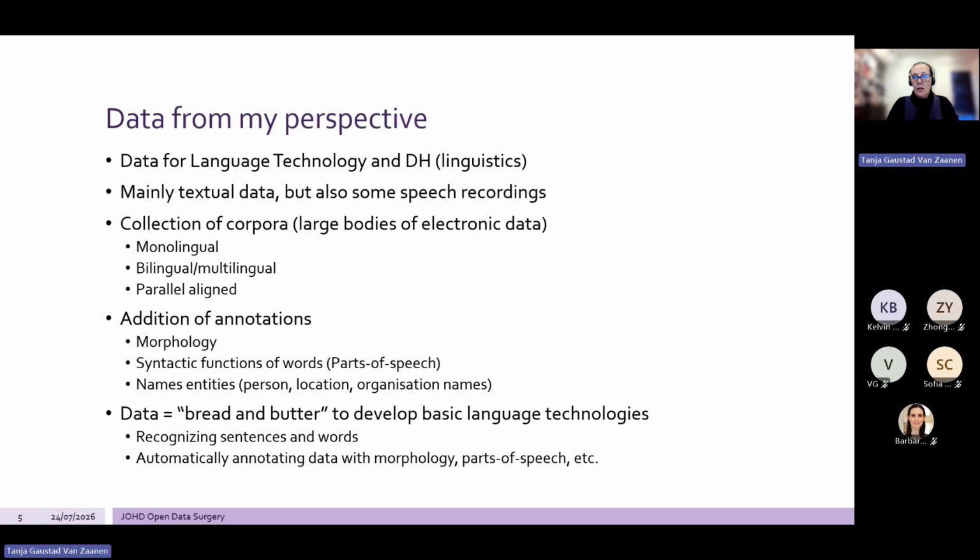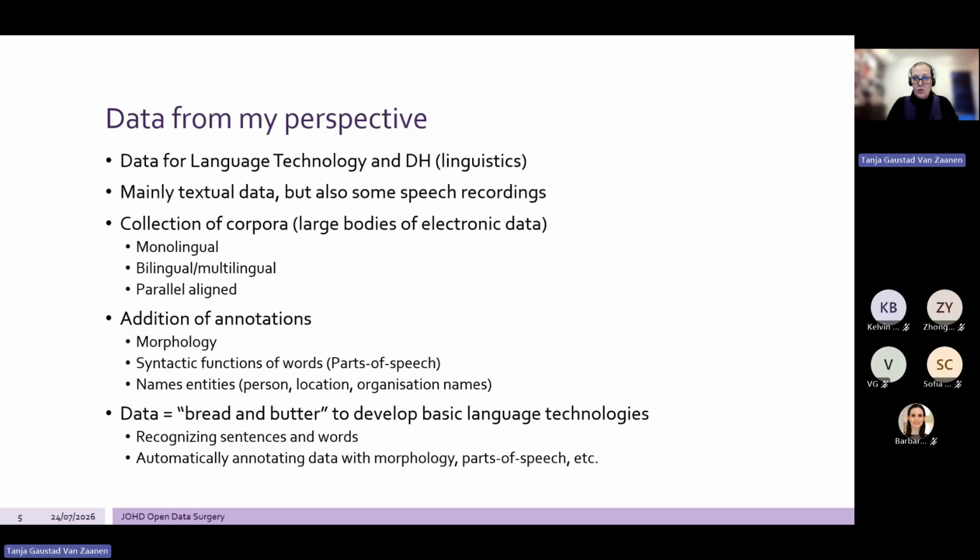And I think the thing that distinguishes the work that we do is that we actually enhance the corpora that we have, the collection of text, by adding annotations. So we do morphological annotations, but also syntactic functions of words, which we call parts of speech, or named entities, which is the representation of persons or locations or organizations.